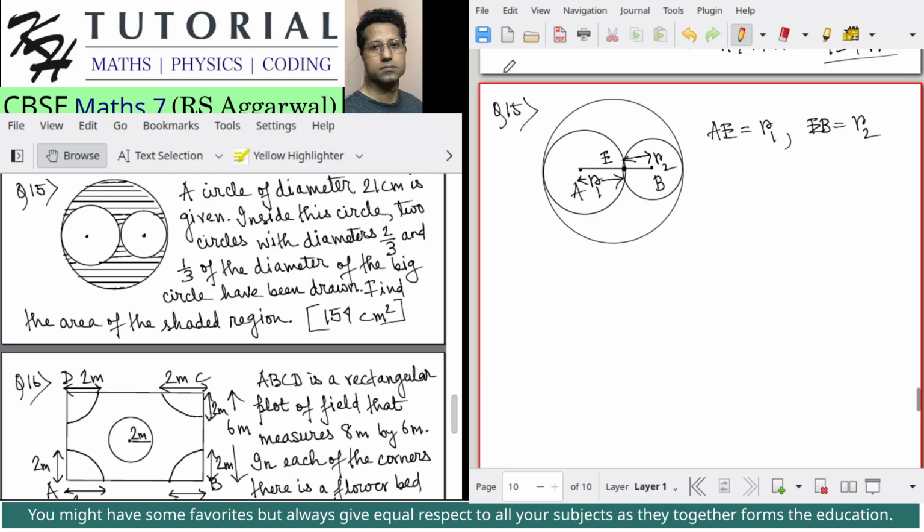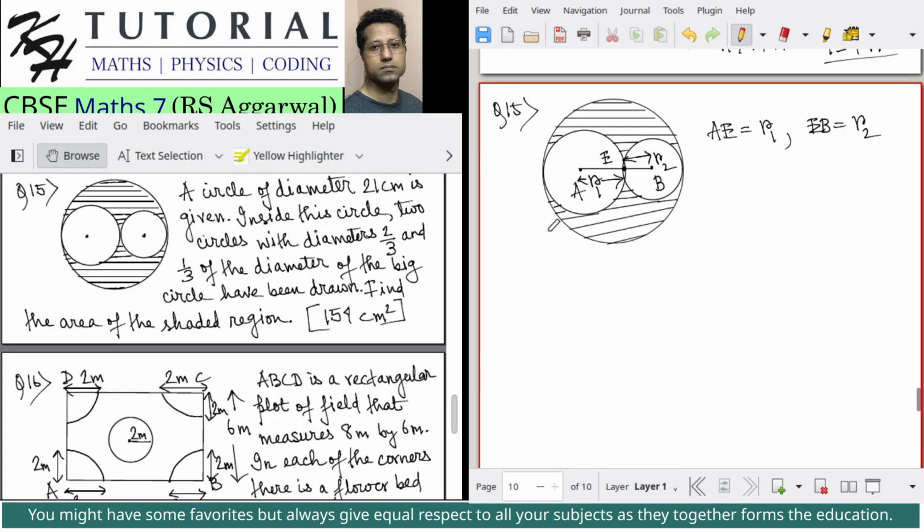So the area of the shaded region, which is this area, is nothing but the area of the outer bigger circle minus the area of the inner two circles.